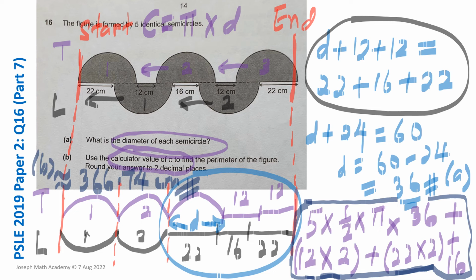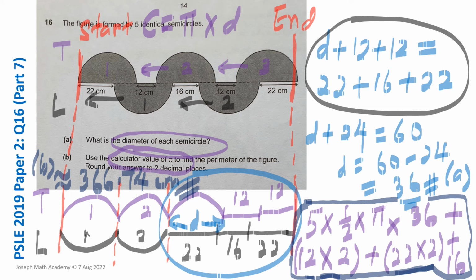Try it out. It works. Do not find them separately. Find them as a string of numbers to form the equation. It means you just key in using your calculator 5 times half times pi times 36 plus 12 times 2 plus 22 times 2 plus 16.